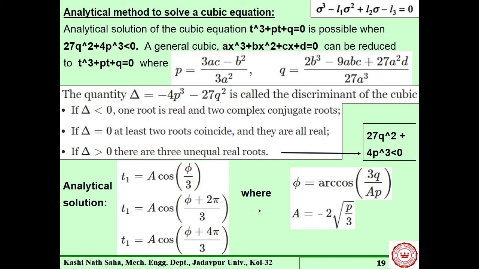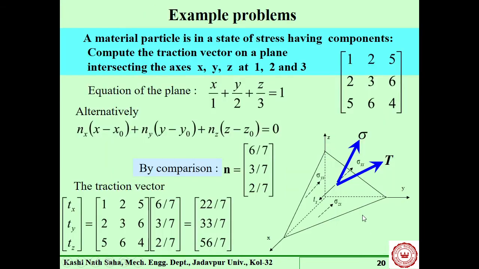So this is what we will follow in our MATLAB program. Okay. There are other methods also. We'll also use eigenvalue analysis to make a solution of that. We'll see it. Okay. Now there is another part of it. Given a stress tensor, we can find out what are the principal stresses.